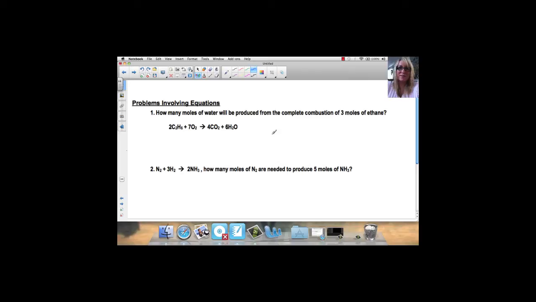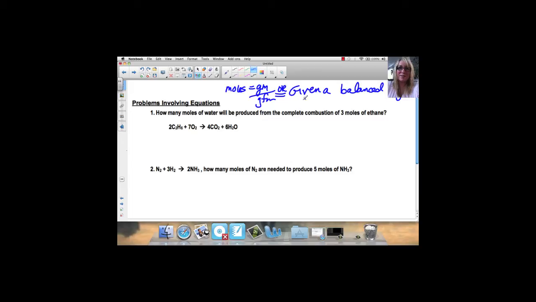How many moles of water will be produced from the complete combustion of 3 moles of ethane? One thing I want to say about moles. You're either going to be asked to find moles and you're going to use this formula, given mass over GFM, or dimensional analysis, or you're going to be given a balanced equation like you are in this problem right here.